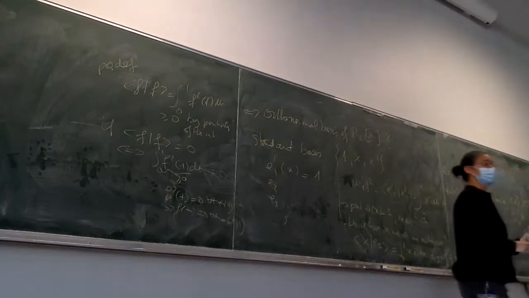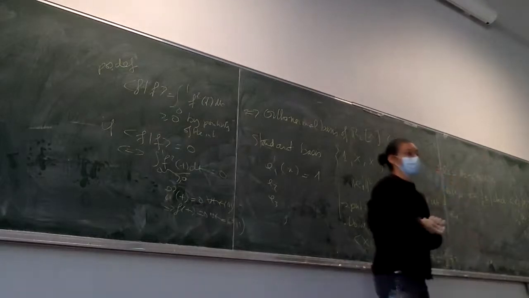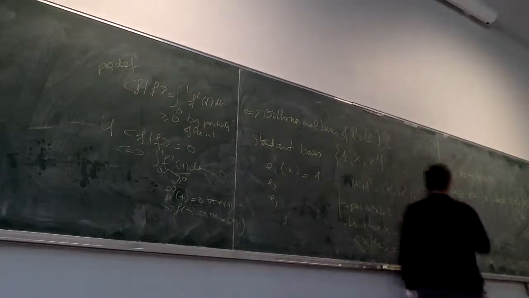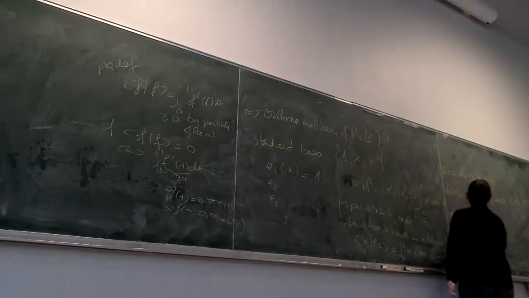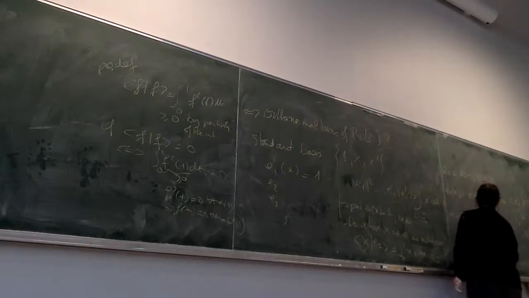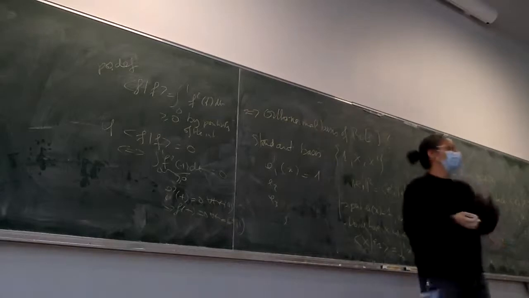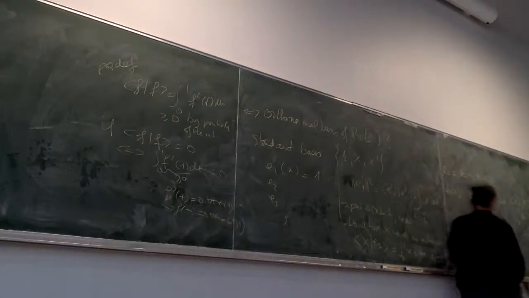What do we need to do next? We need to norm it. So we need to define E2 of x, which is x minus 1 over 2 divided by the norm of x minus 1 over 2.